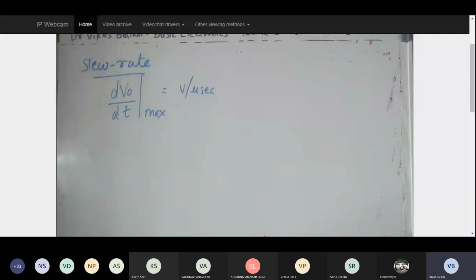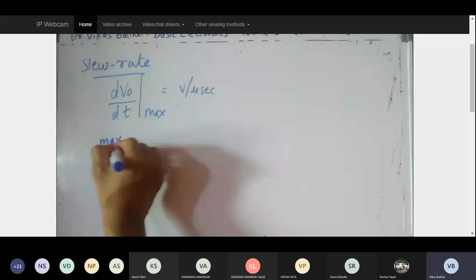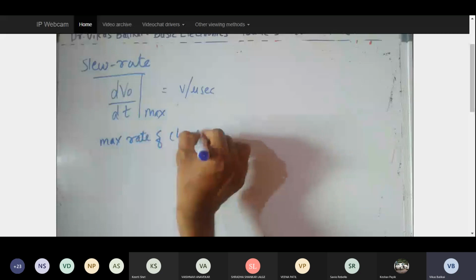Like I have written over there, it is the maximum rate of change of output voltage per unit time.